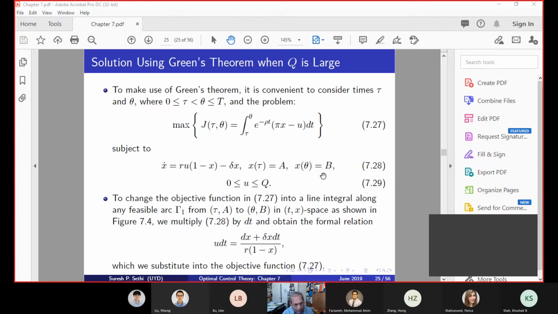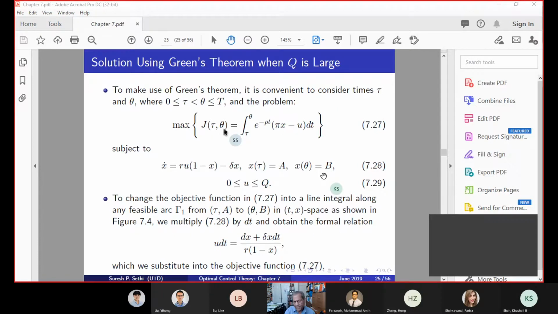So in solving this problem, we're going to use what is called Green's theorem. Green's theorem is about line integrals.